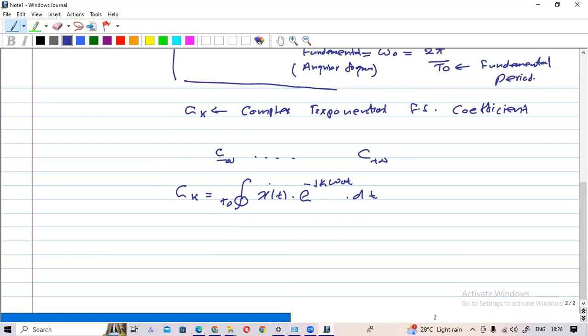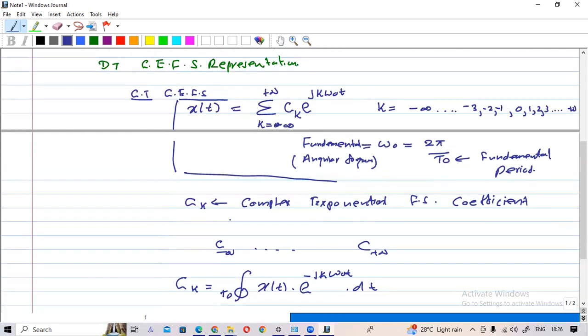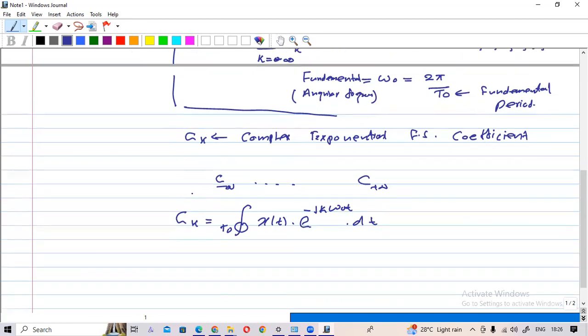You need to integrate within a period, the signal x(t) times e to the power of minus jk omega naught t.